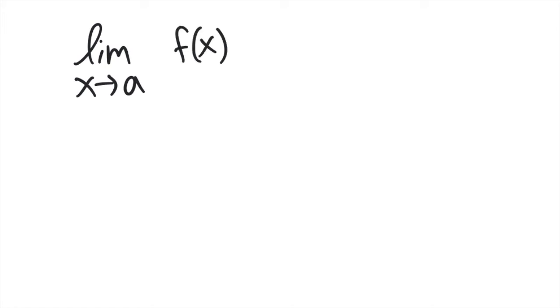And so for notation, instead of every time writing out the words from the left or from the right, here's what that notation is going to look like. The limit as x approaches a of f of x. I'll start with the left. I guess we usually think left to right because we read left to right.